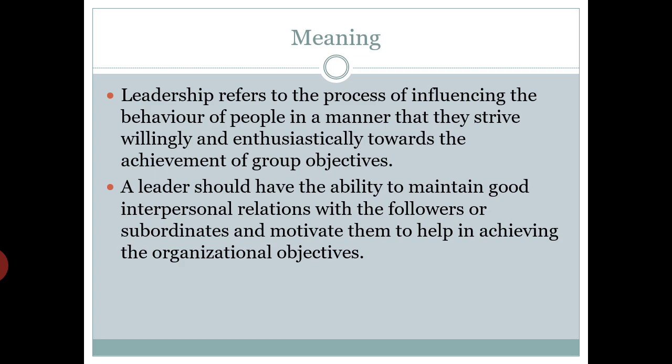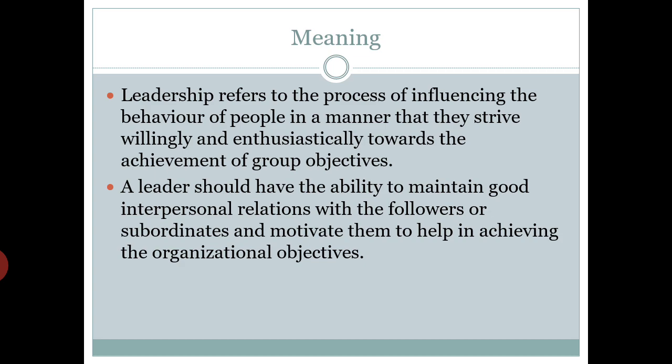If you think that all the processes should go in the same direction, on the same track for which you have planned, then what are you required to do? You are required to have leadership. So what is leadership all about?